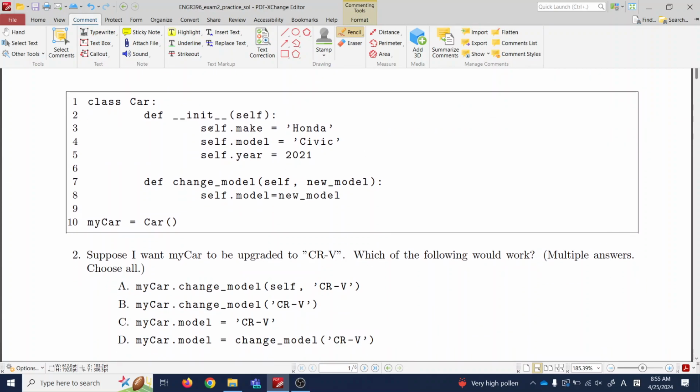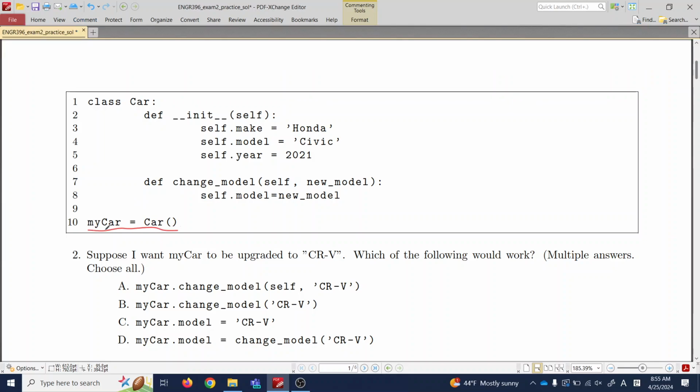Here I have another class called Car. As you can see, this initialization function doesn't accept anything. That's why when you see this right here, my car is an instance of the class Car, but you didn't pass anything to it.